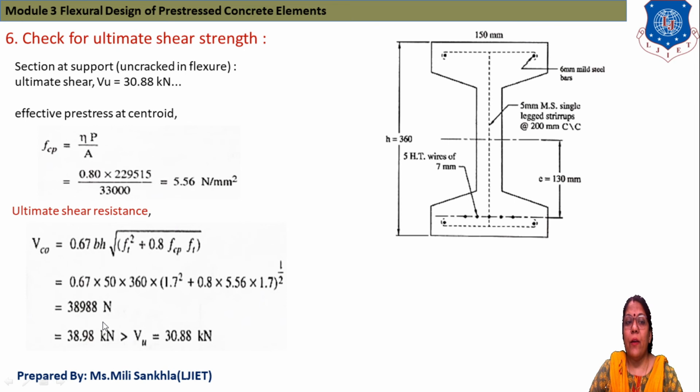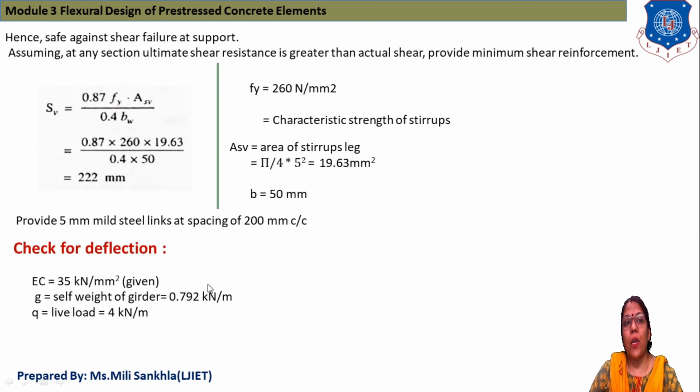After solving we get 38,988 Newton, and 38.98 kilonewton is greater than this VU, the ultimate shear that we found first. Okay, so it is safe again.